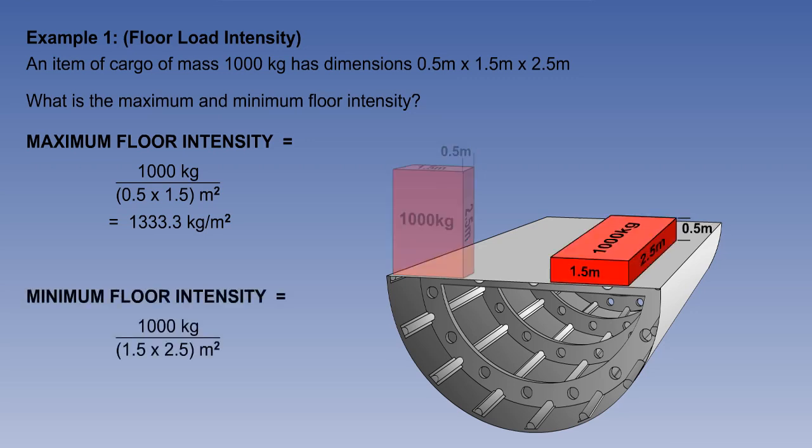We can now calculate the minimum floor intensity by dividing the mass 1,000 kilograms by the largest area 1.5 by 2.5 meters, which results in an intensity of 266.7 kilograms per square metre.